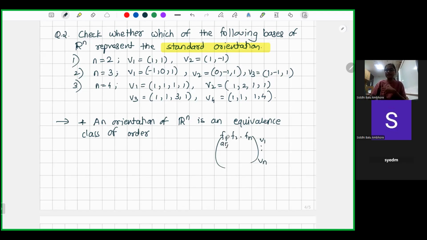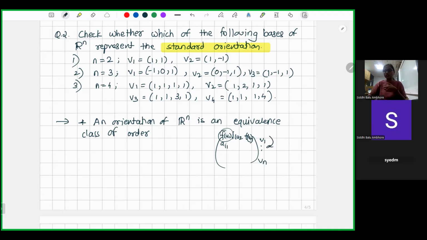When I write F1, I actually mean FU1, FU2, and FUn. I am talking about the linear transformation matrix of F from U to V. When I write F1, the entry is a 1,1. That is the coefficient when I represent FU1 as a linear combination of V1 to Vn.